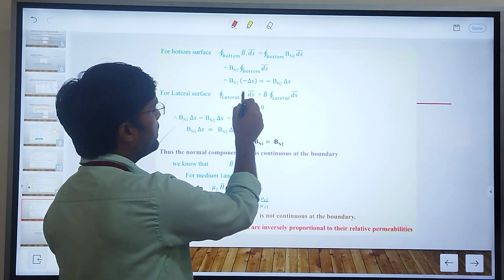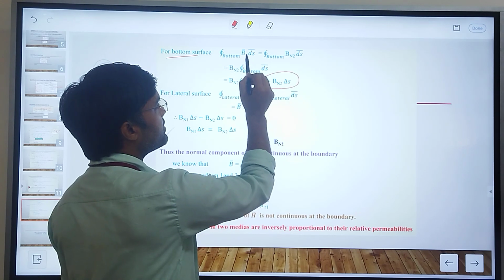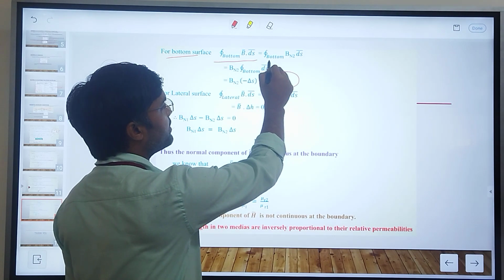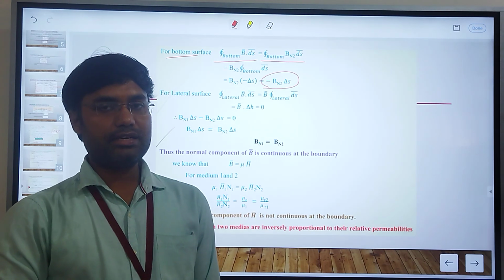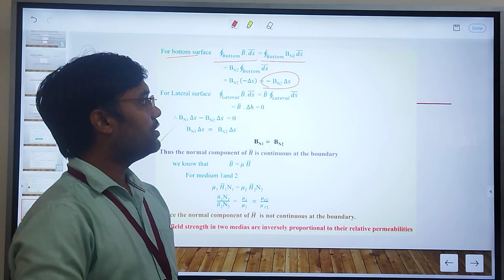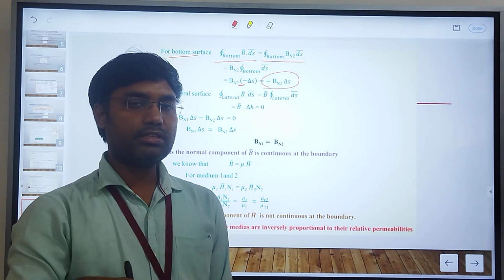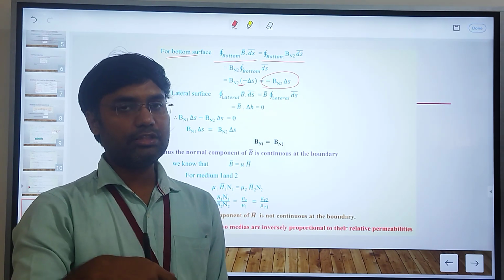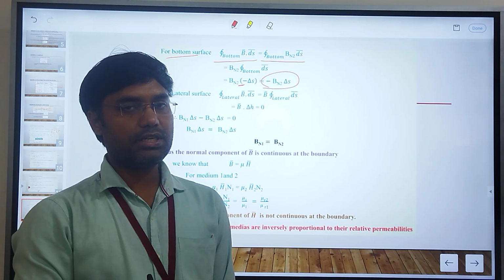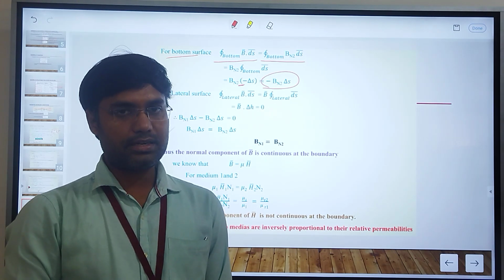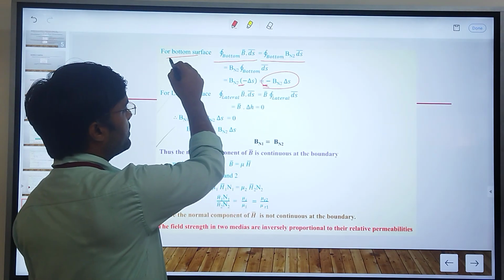So again for bottom surface, similarly we will get minus Bn2 dS by integrating the bottom normal component of magnetic flux density of medium 2. It is negative because we are considering that flux entering through one surface is leaving through the other surface. So entering flux is taken as positive and leaving flux is taken as negative. So that's why here it is negative at bottom side.